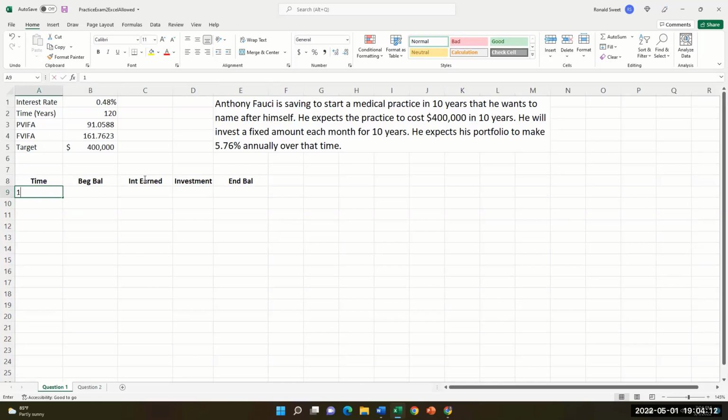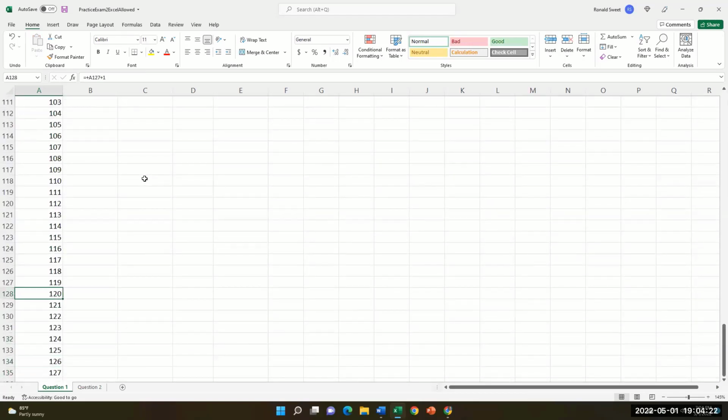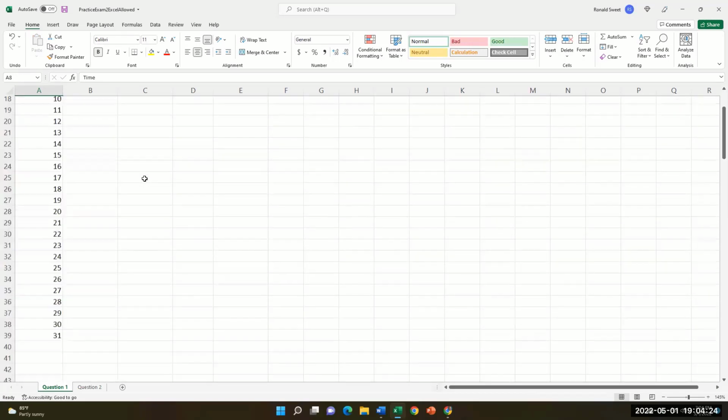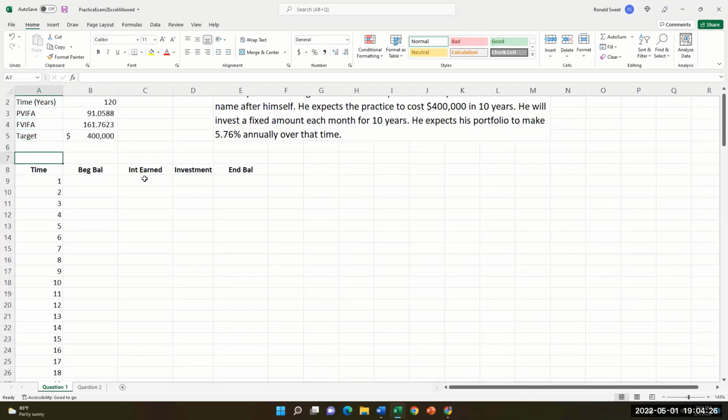All right, so time is going to be the same as whatever's in your time up there. So you go down 120 or so. You want 120 months. Your beginning balance, if you're saving, your beginning balance is 0. If it's borrowed money, your beginning balance is however much you borrowed.